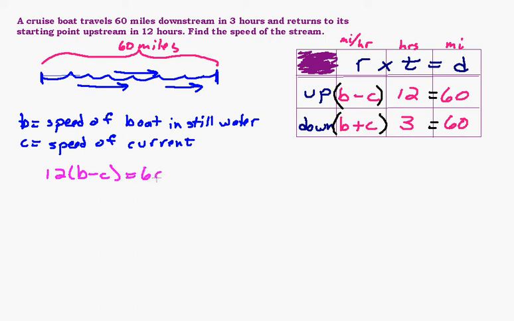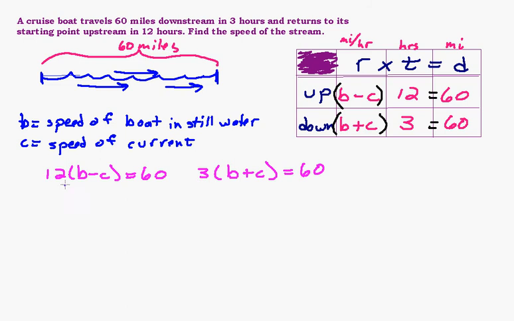And, you know, a lot of people, when they get to this point, are pretty good at solving it. They would distribute the 12 and then distribute the 3 and then maybe line these up for elimination. But what I see right here is that 12 goes into 60 and so does 3.